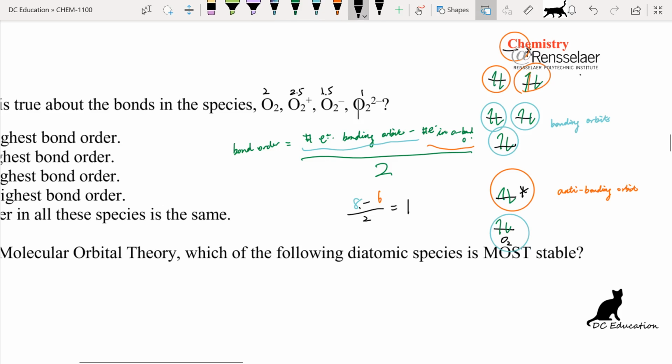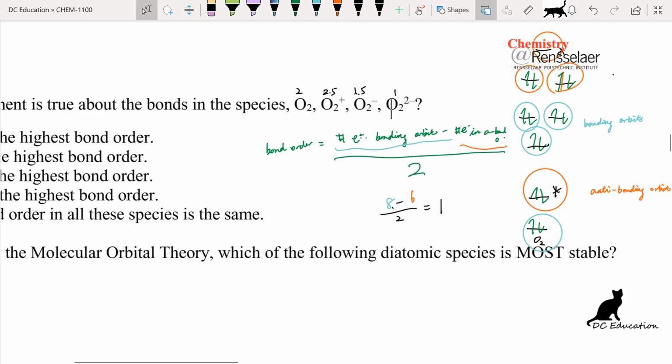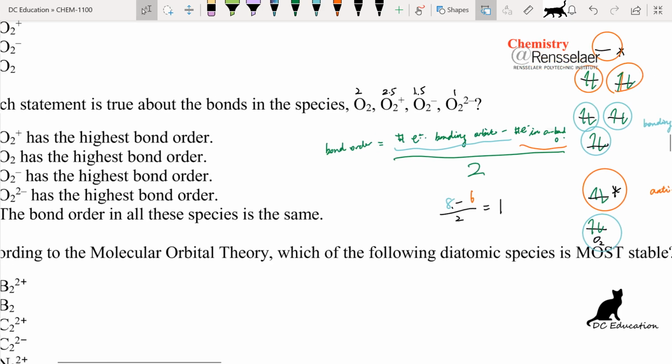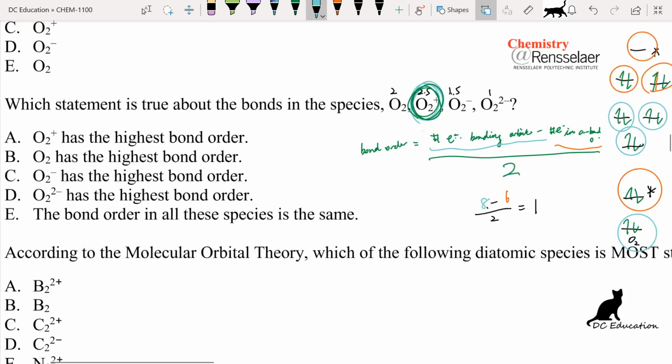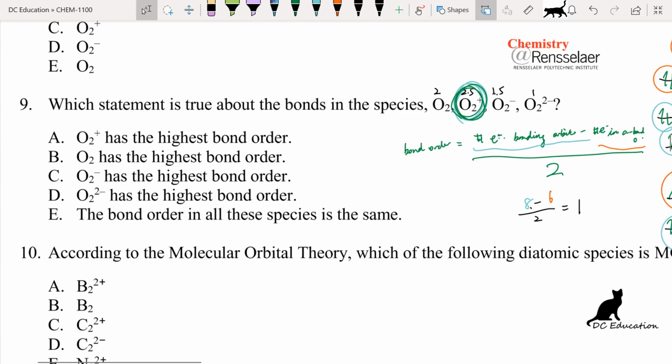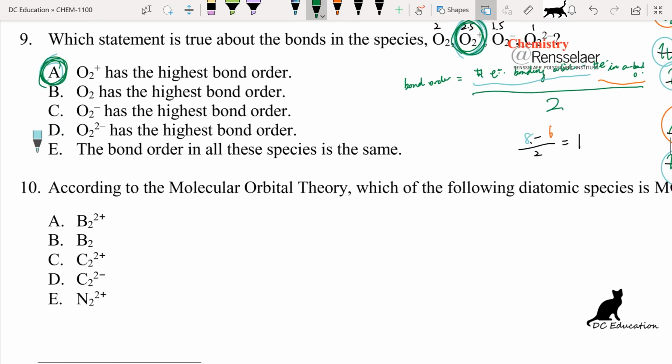So it's 1 for oxygen 2 minus, and therefore oxygen plus has the highest bond order, which gives us A as the correct answer. Okay, we'll stop here.